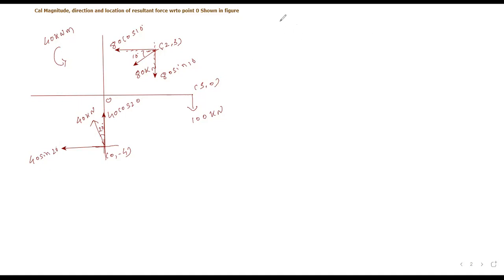Okay, let me calculate sigma Fx. Same procedure. Minus 80 cos 10 and minus 40 sin 20. There is no other load besides that. Minus 40 sin 20. Please give me the value. Fast, give me the answer.